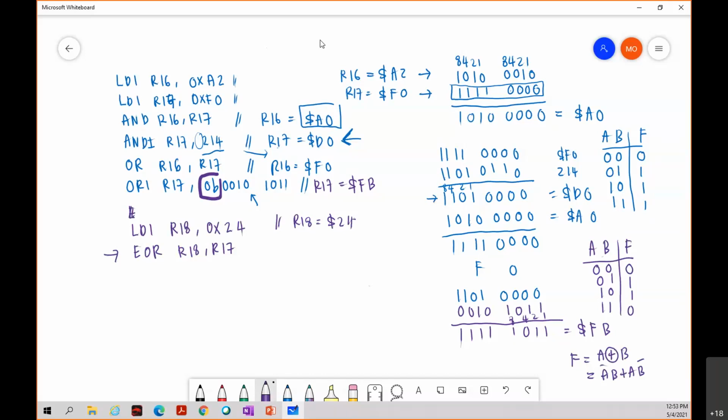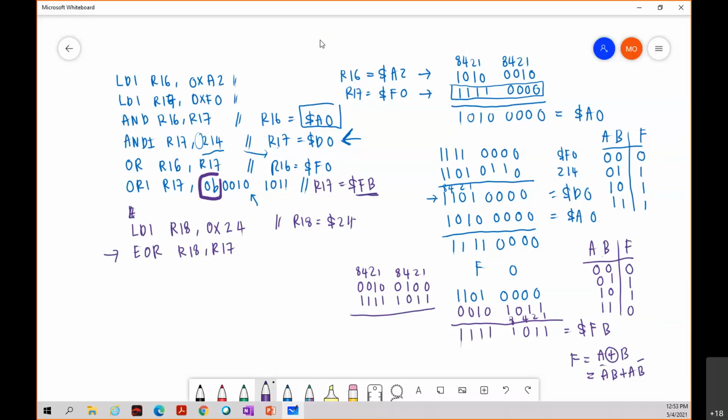Now R18 is 24, which is 0010 0100. What about R17? R17 is FB, which is 1111 1011. Now you do the exclusive OR by referring to this table.